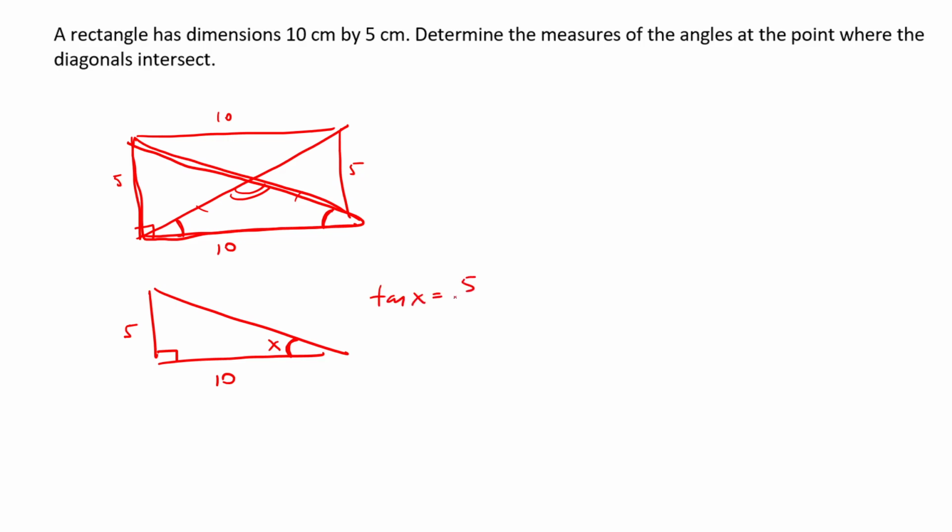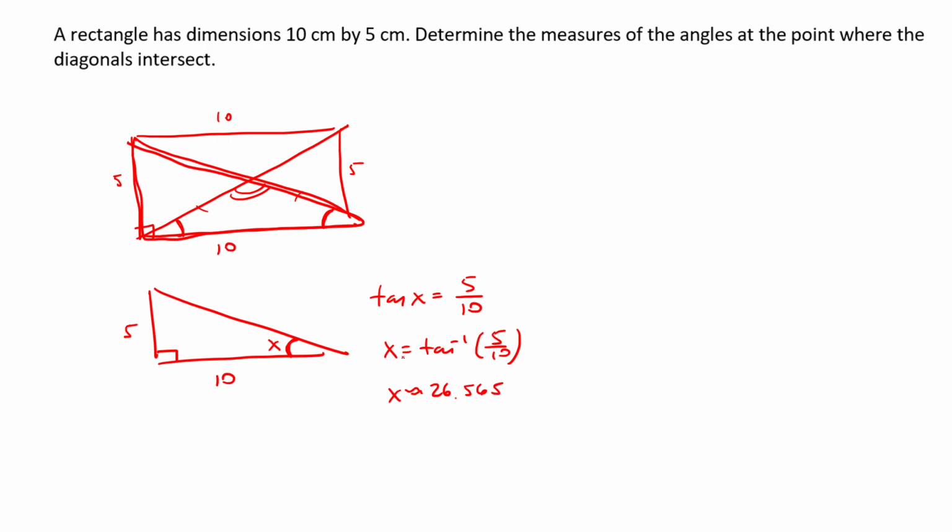Tan of x equals 5/10. So let's type that in our calculator. Let's do tan inverse of 5/10, or you could reduce that to a half, so just give me a minute to figure out what that is. 0.5. So I get about 26.565 if we round off to 3 places.